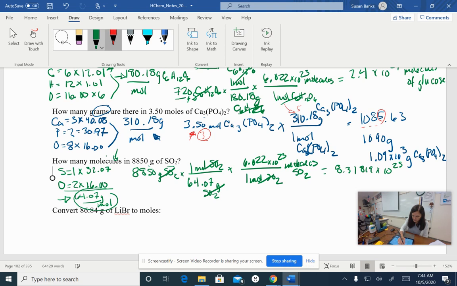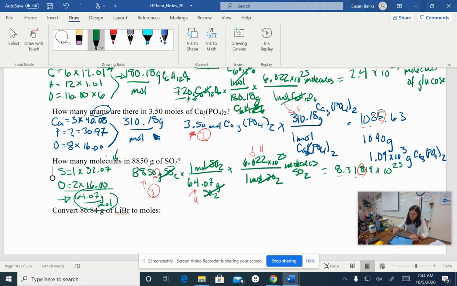Let's look at our sig figs. We've got 3 digits there. Remember, the 0 at the end without a decimal is just a placeholder. Here I've got 4, and here I've got 4. So I can really only report 3 digits. So 1, 2, 3. That 8 tells me to round up.